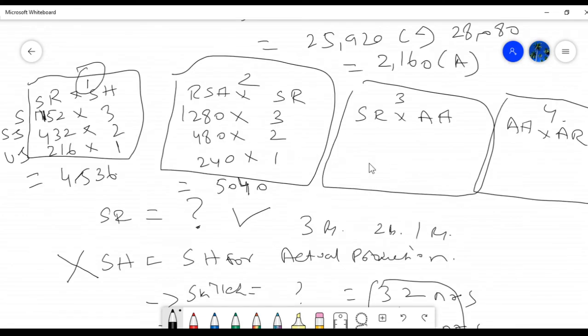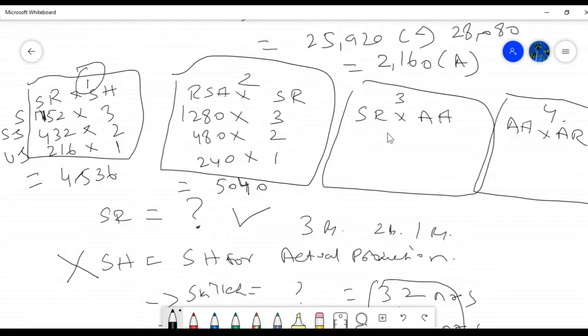What is the third one? SR into AH. SR means standard rate. AH means actual hours used, which we identified just now. What is the actual hours used? Just go through our workings.